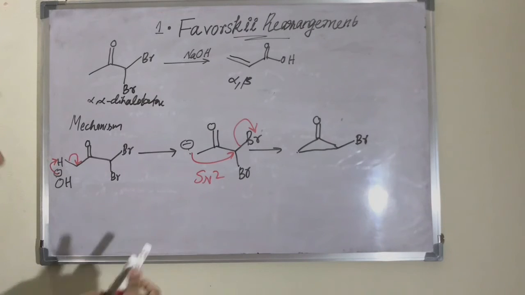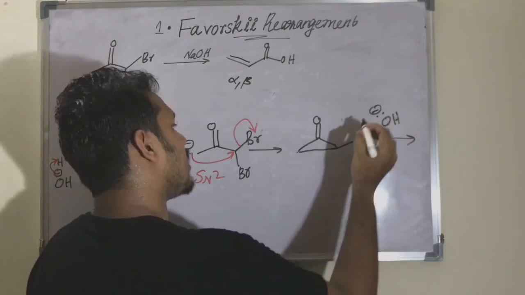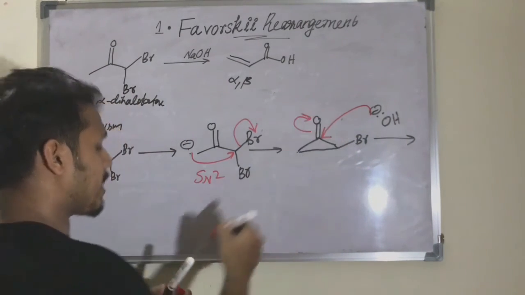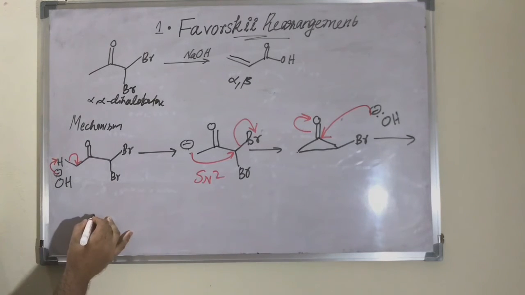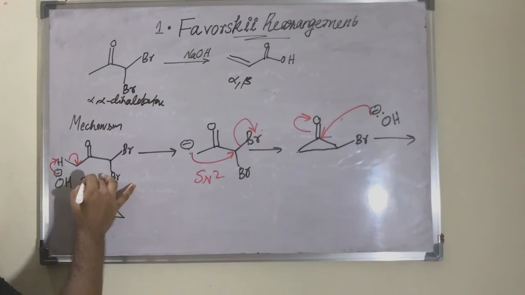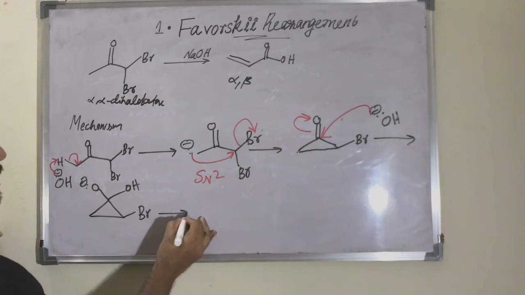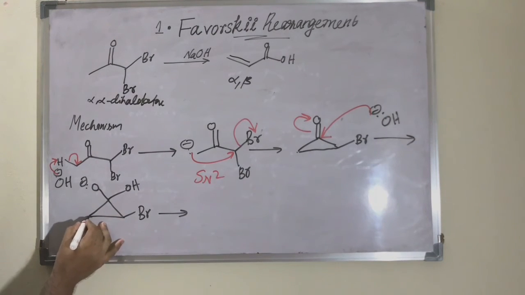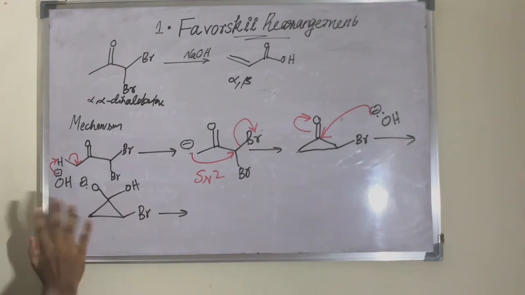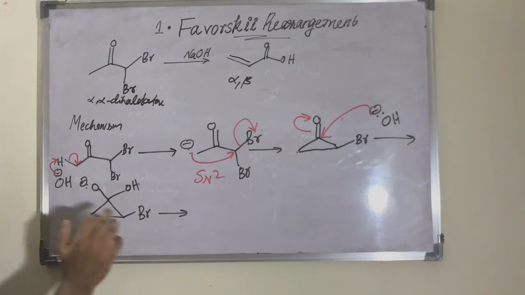One of the Br remains. Now in the next step, the same as we learned earlier, it will undergo nucleophilic addition. You will end up with this highly strained adduct, OH Br. Here the selectivity is that the bond breaks, or the carbanion forms, in such a way that the carbanion is formed opposite to the Br.